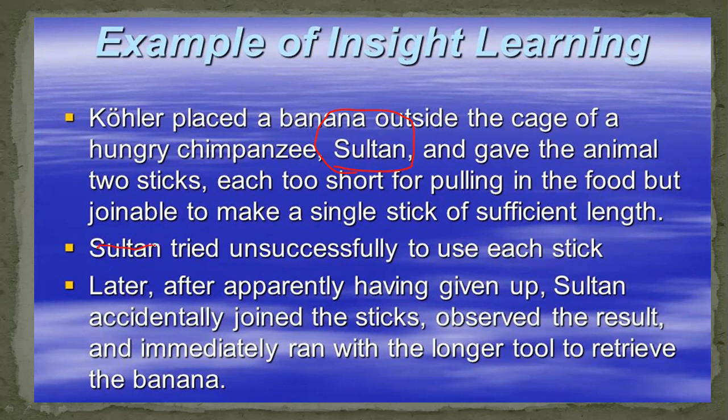The chimpanzee tried unsuccessfully lots of times, but after some time he thought with his mind, and piled up the boxes one over the other, and then he jumped over them to reach, and he used a stick to get the banana. So he used thinking, reasoning, and a problem solving method.